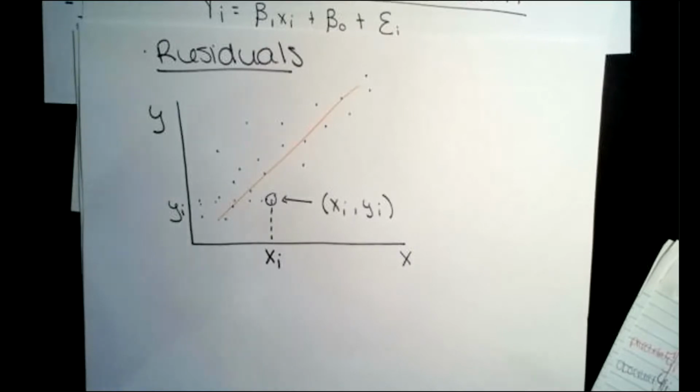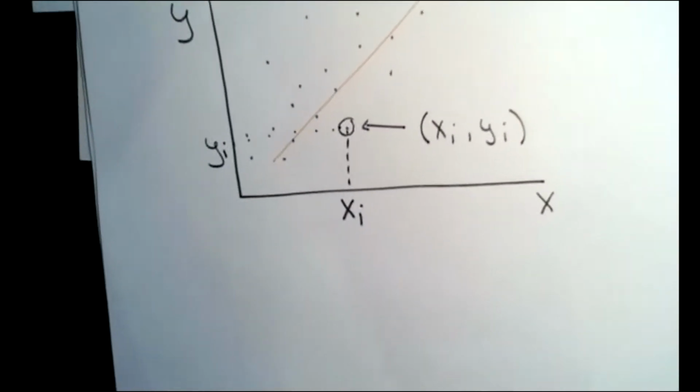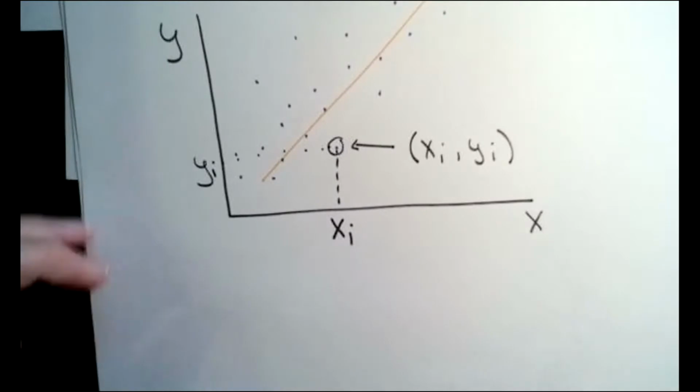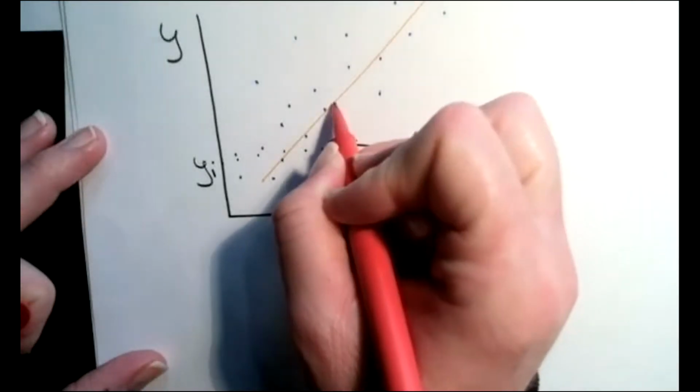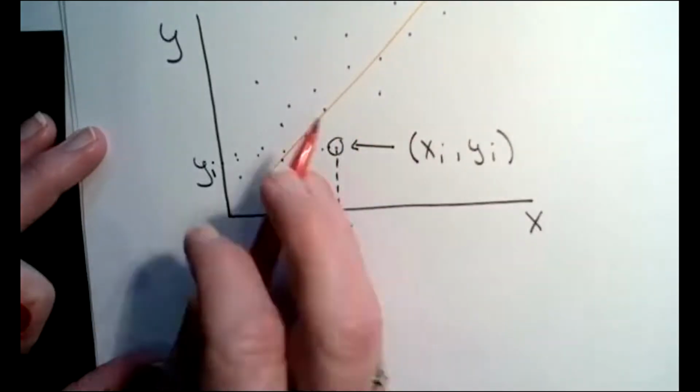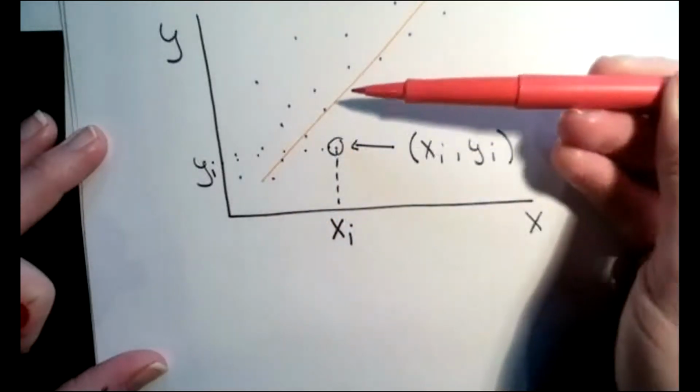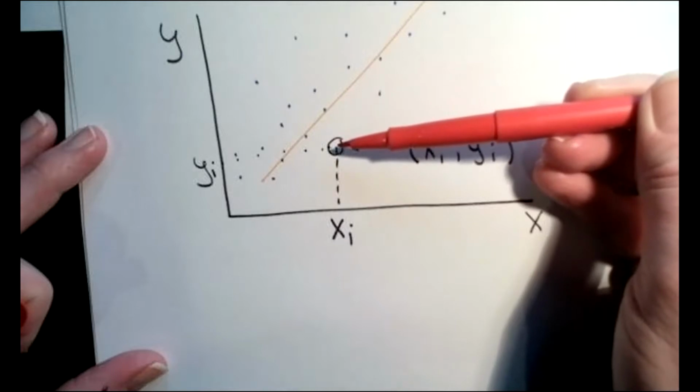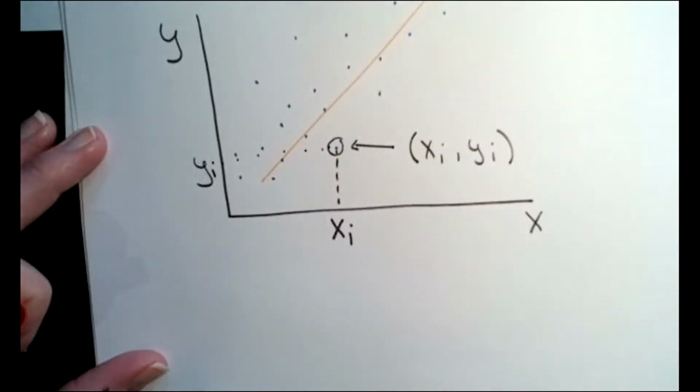What I'm looking at, and I'm going to zoom in so you can see this, is the distance from the point to the line. This distance between the line and the point is my residual.